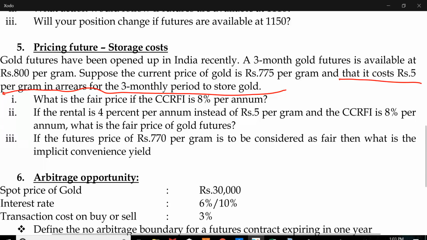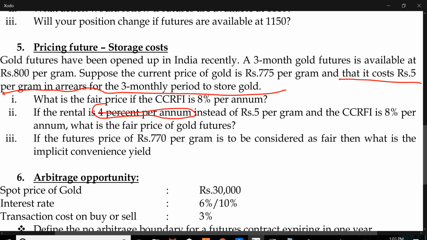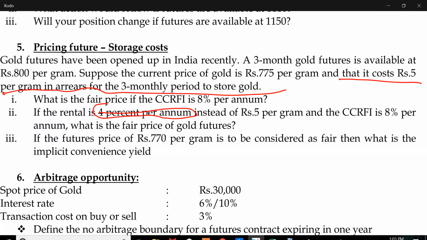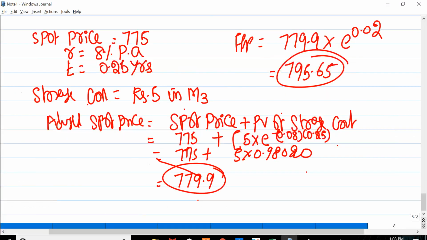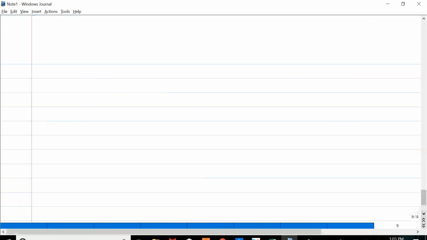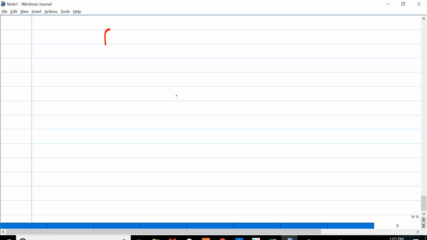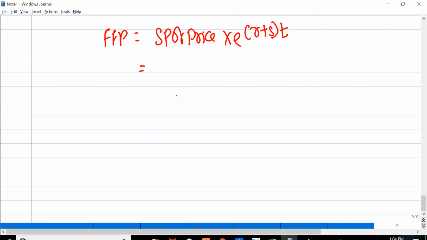Now, instead of this being in rupees, they are giving it in terms of percentage, right? FFP equal to spot price into e power (r plus s) into t.